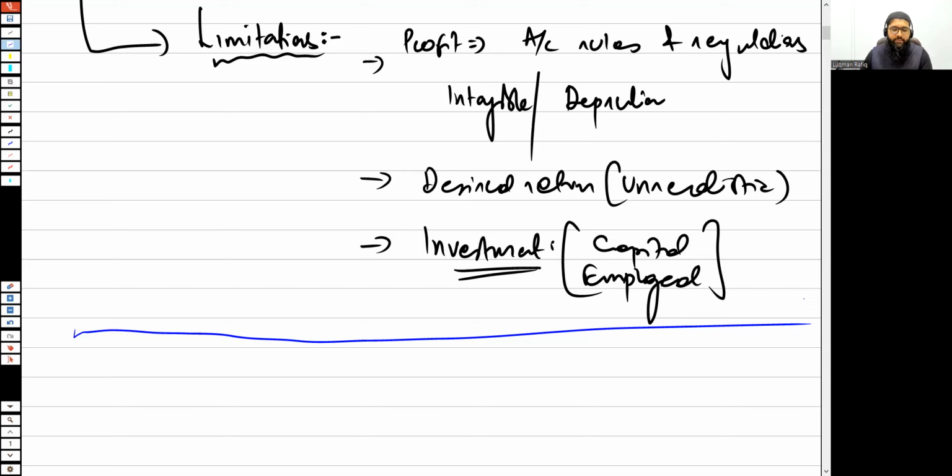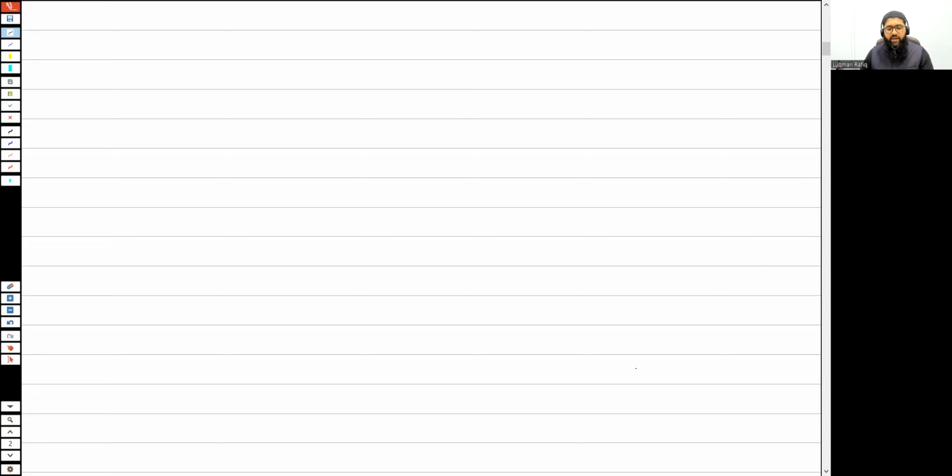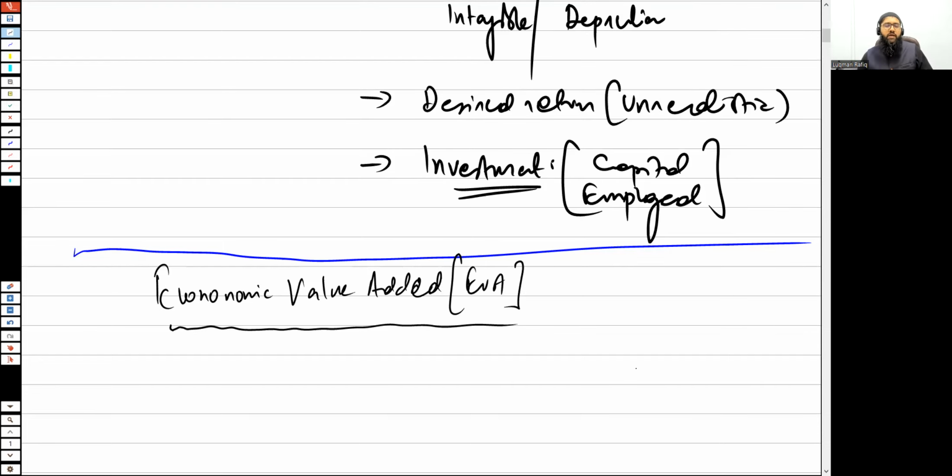Now let's move a bit forward. In order to overcome these limitations, the concept of economic value added was introduced. The economic value added, which is the EVA, is derived from the concept of residual income.